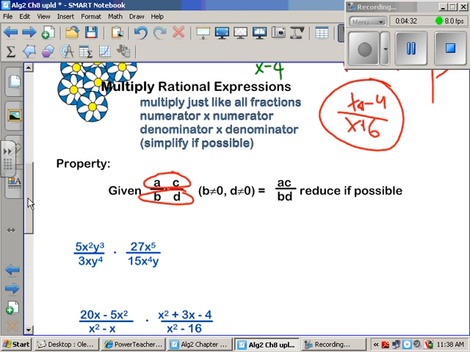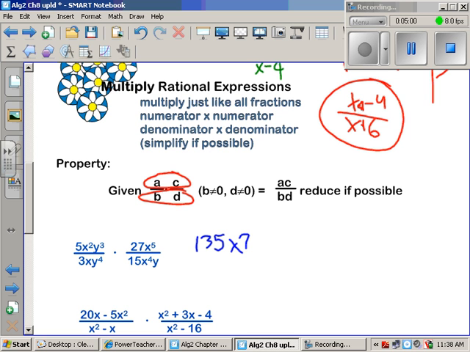It's not really a rational expression because it's not binomials. It's just a good old multiplication of exponents and powers. So when I multiply powers, what do I do with exponents? Add them, right. So I'm going to multiply numbers first. 5 times 27 is 135. X squared times x to the 5th is?